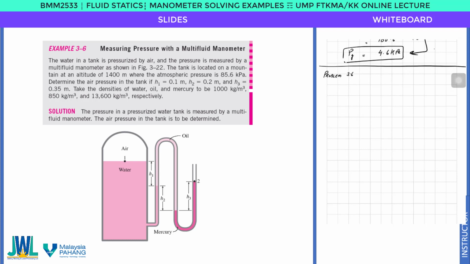Problem number 3.6. This tank is at Cameron Highlands and it is used to pressurize air. Now I've got two types of manometer. Number one manometer is inverted, and number two is the non-inverted type.